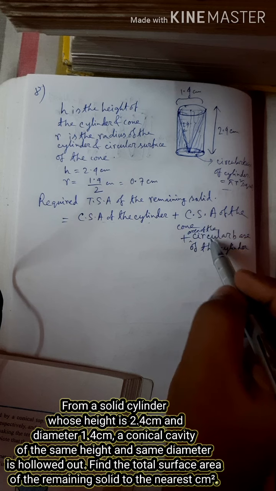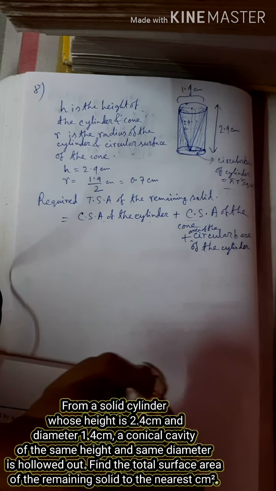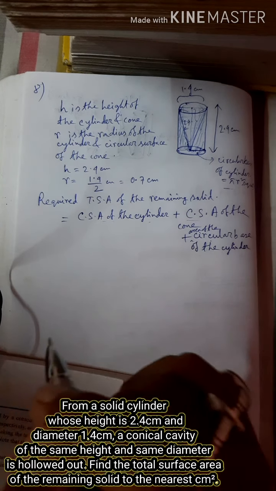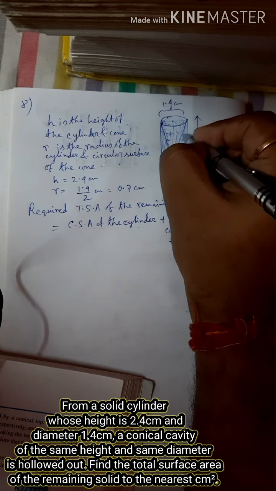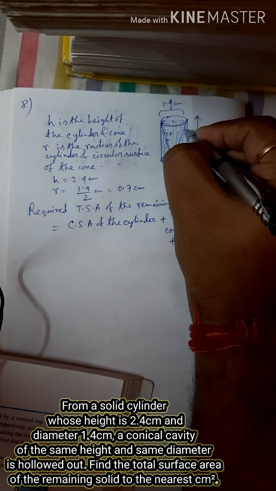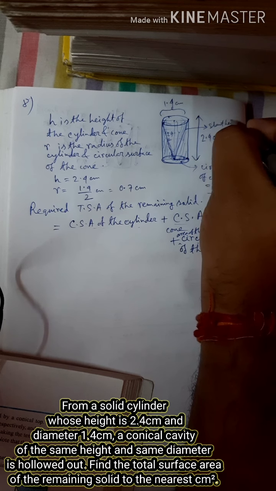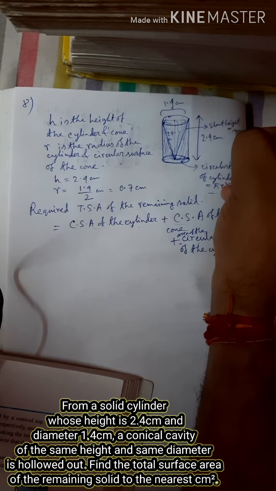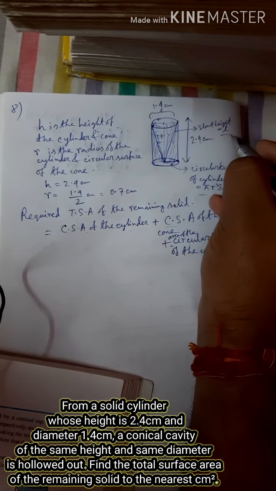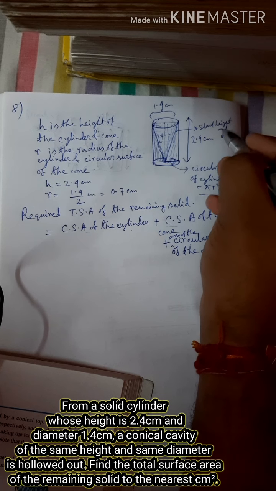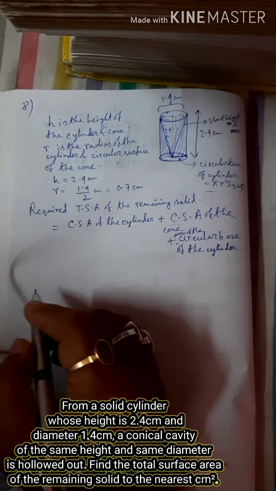So these two things are known, but this one, curved surface area of the cone, here the formula is pi r L. R is given, pi is 22 by 7 here, and L is slant height. This is the slant height. Suppose this is equal to L, but this value is unknown for me here in this question. So at first I have to calculate the value of L.